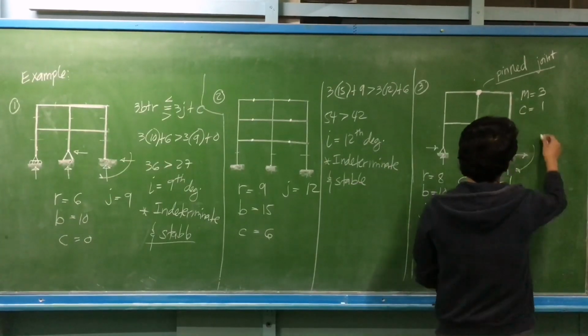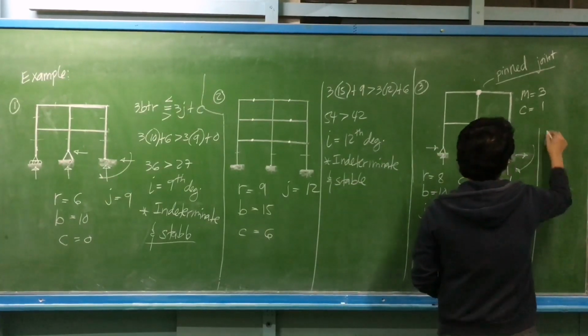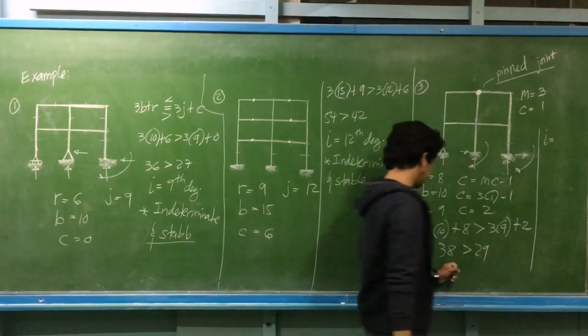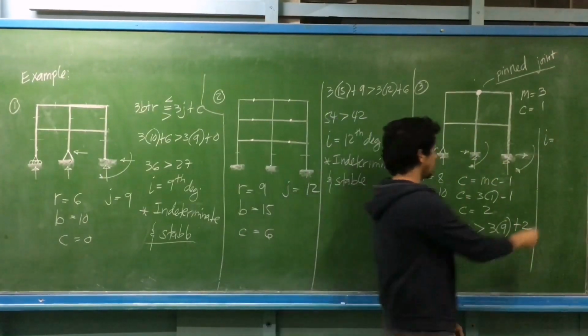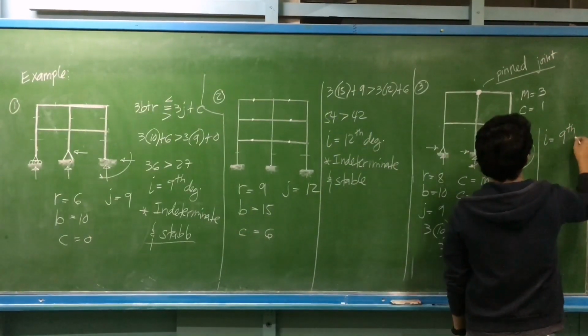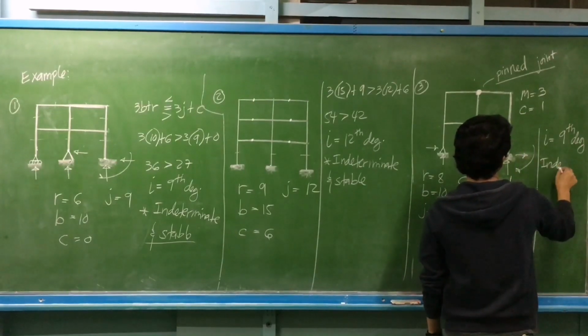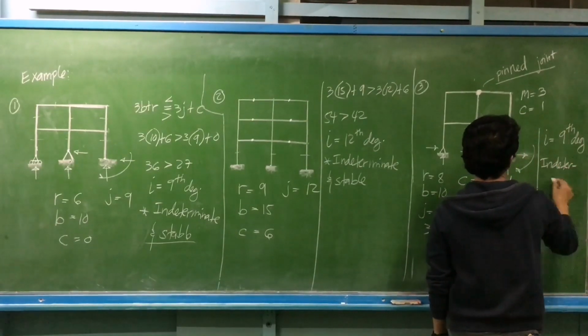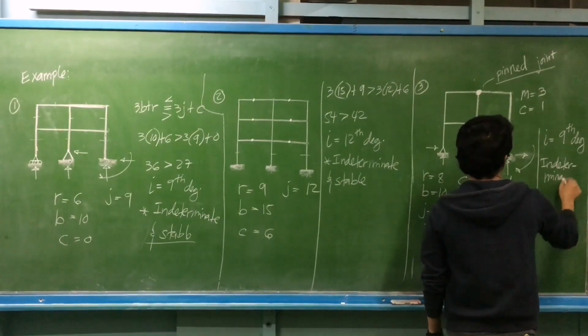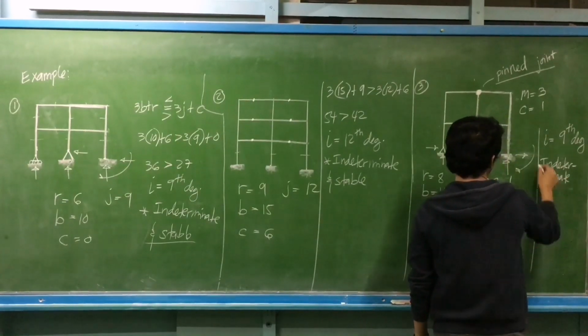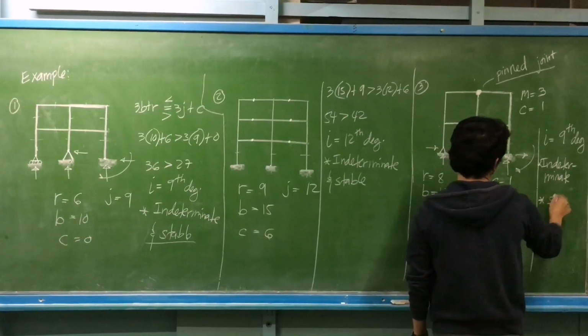The degree of indeterminacy is 38 minus 29, that is 9th degree. Then this is indeterminate, and at the same time, stable.